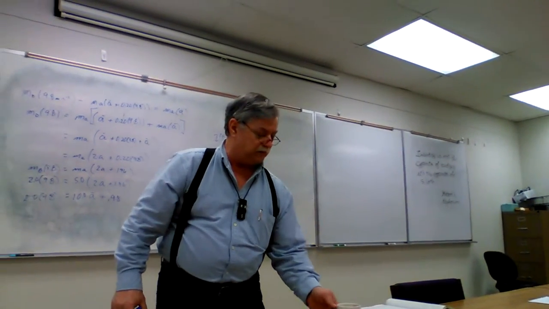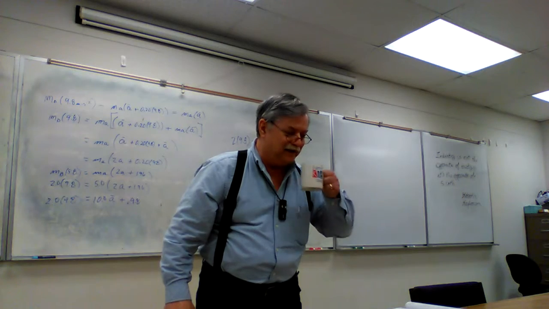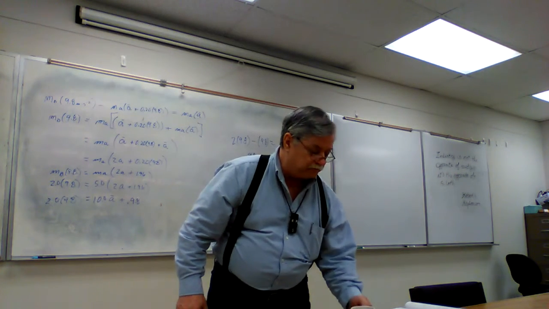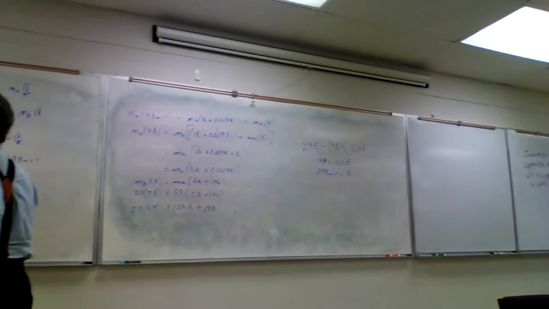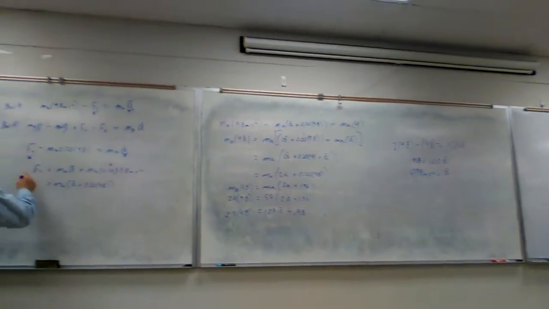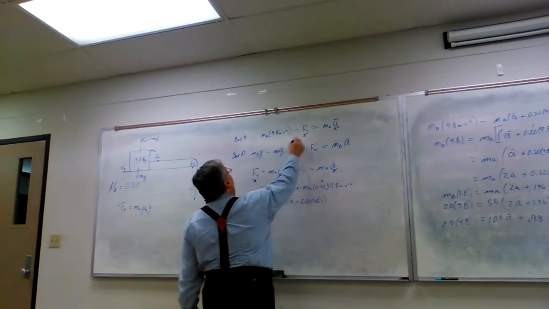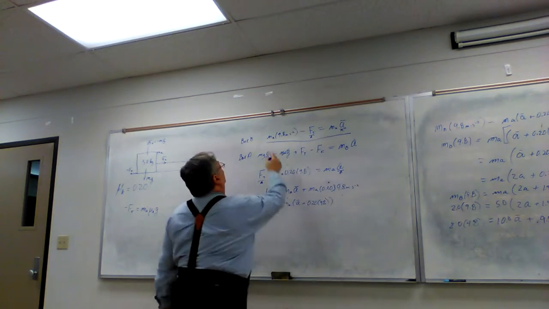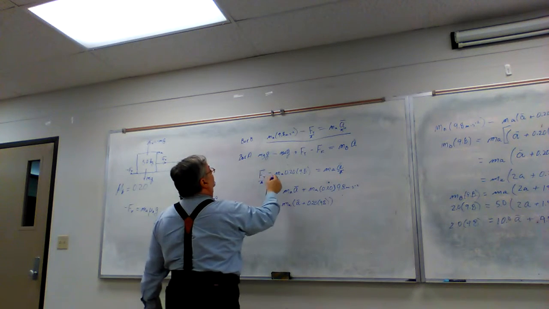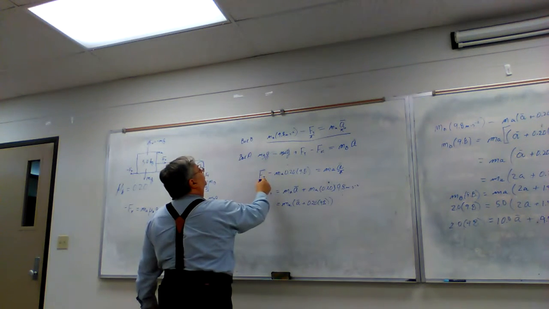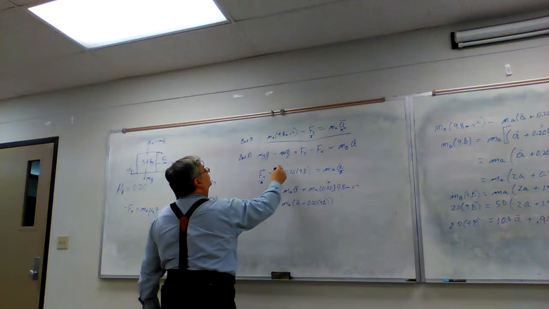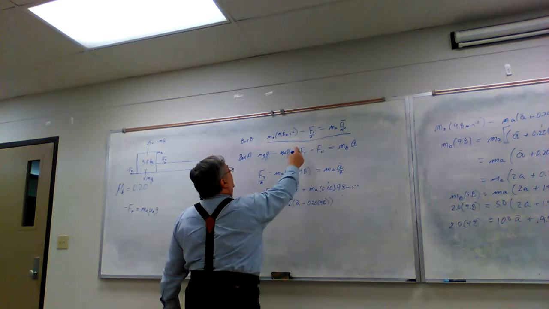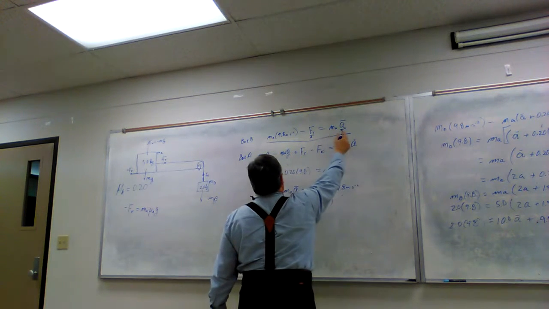I changed mass B to mass A and simplified that equation. Look here. Right here, I was solving the box B equation, and I did that by adding force of tension to both sides.